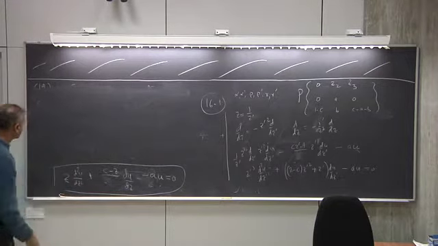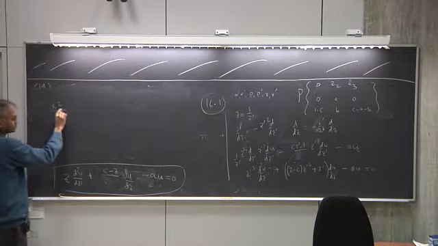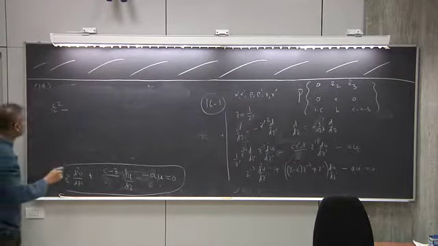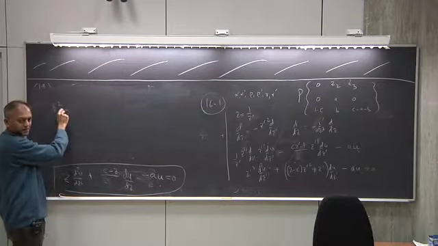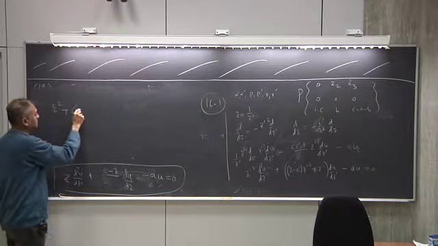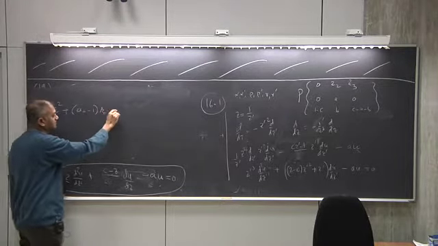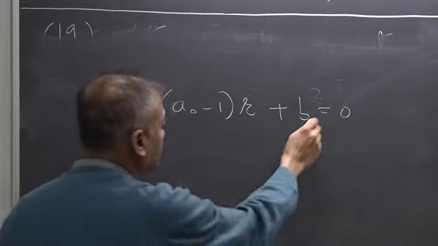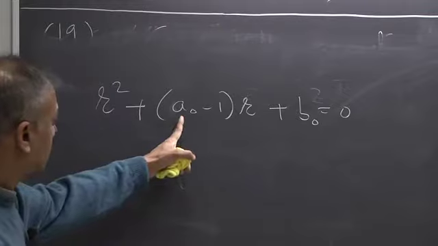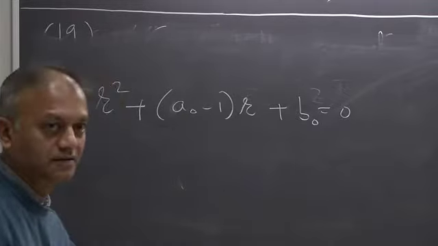So what is the indicial equation? It was r squared, minus 1 minus a0, plus or minus here? Minus. Plus a0 minus 1 times r plus b0. Now a0 was the coefficient of the first order pole of this function p, right?